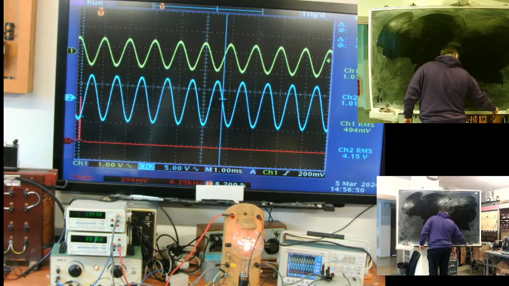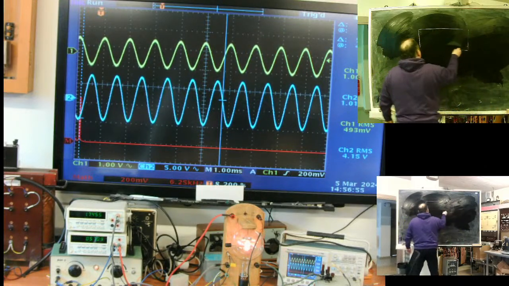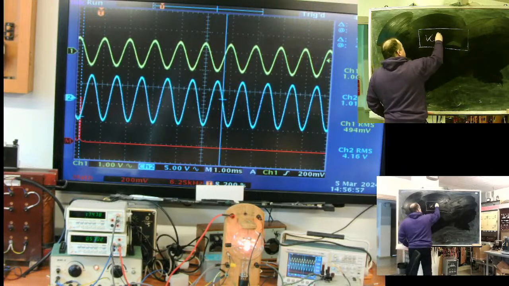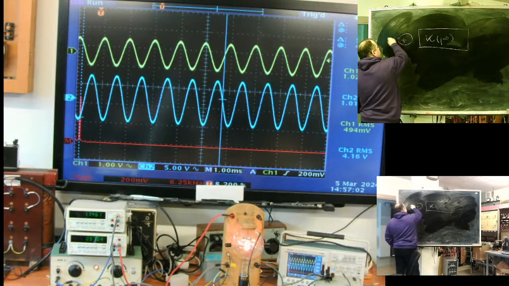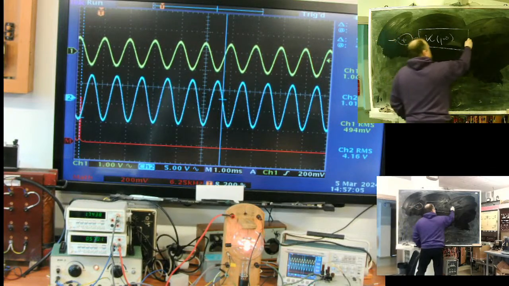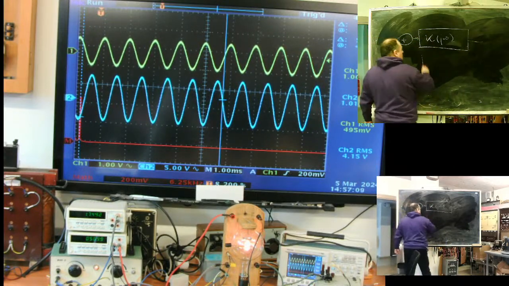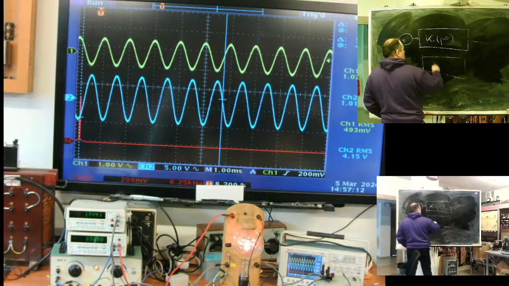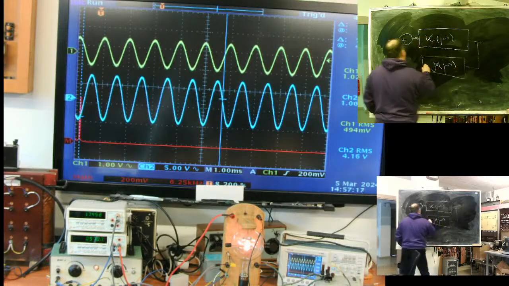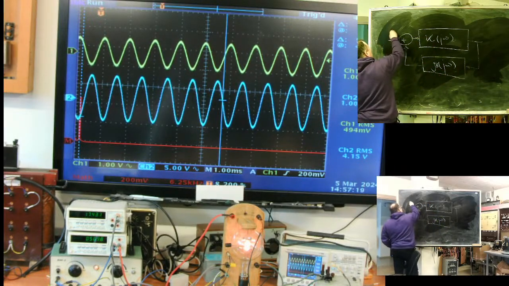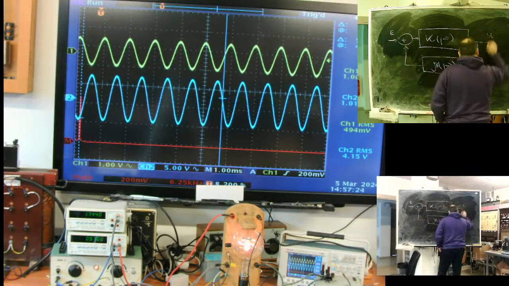I need to analyze something like this, where I have, let's say, the direct channel with transfer function K as a function of omega, and a return circuit with transfer function beta. Output, let's say it's E, and here, let's say we have O.